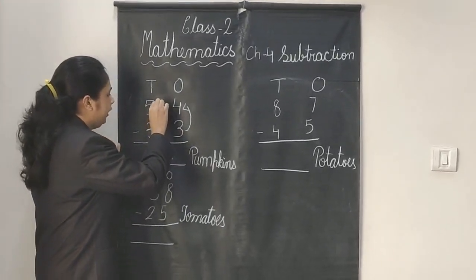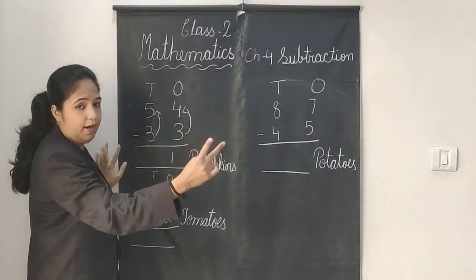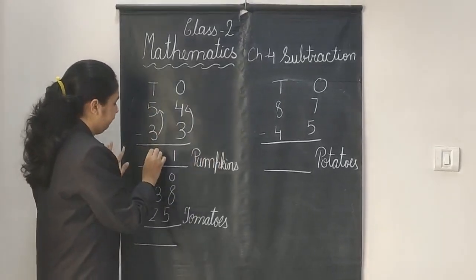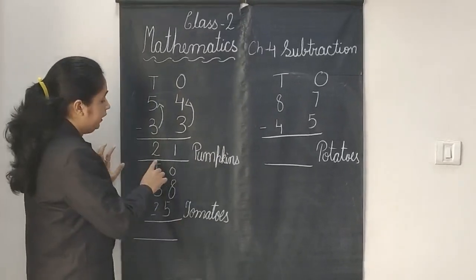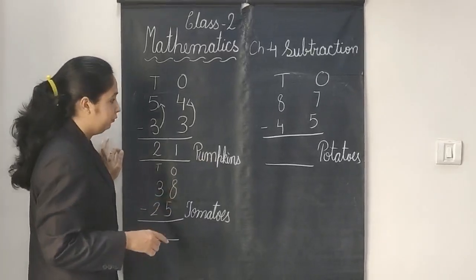After 3 till 5, after 3, 4, 5, how many? 2 on my fingers. So the answer is 21. 21 pumpkins are left with the farmer Madan.